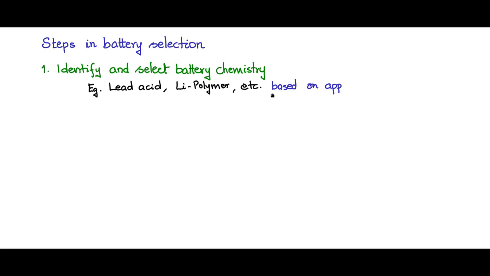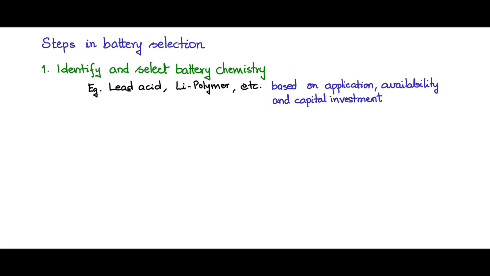the application, whether the application needs lithium polymer or lead acid, or is lead acid sufficient, whether the availability of that particular battery is easy or not in that locality, and of course the amount of capital available to invest on the battery. These are considerations that you need to take, and then based on that you select a particular battery type, battery chemistry.